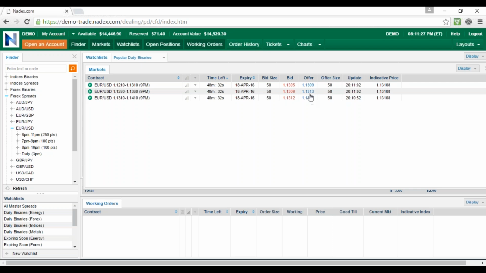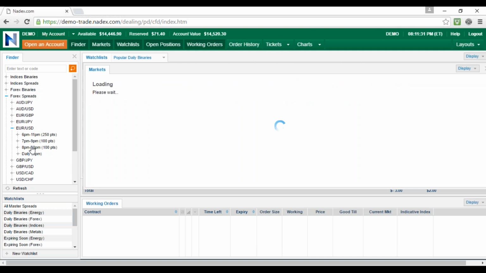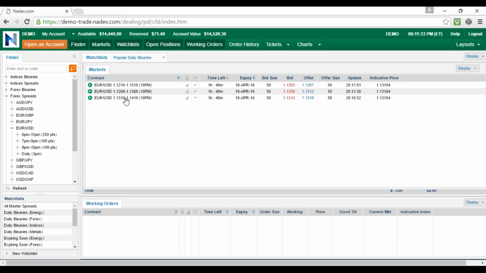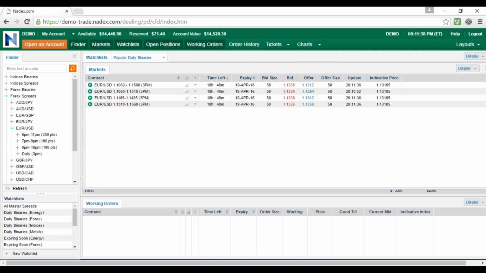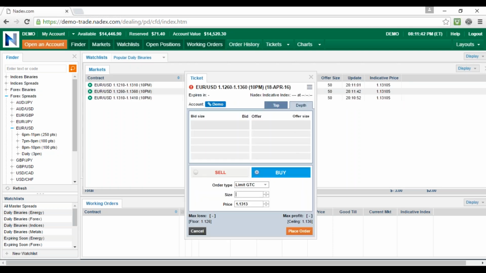We got these floors and ceilings and different prices. And I've got the 8 to 10s, and they've got different prices. Now these 8 to 10s, if I were to buy this one, I have to click it, say I want to buy one, for it to tell me max loss 52, max profit 48.